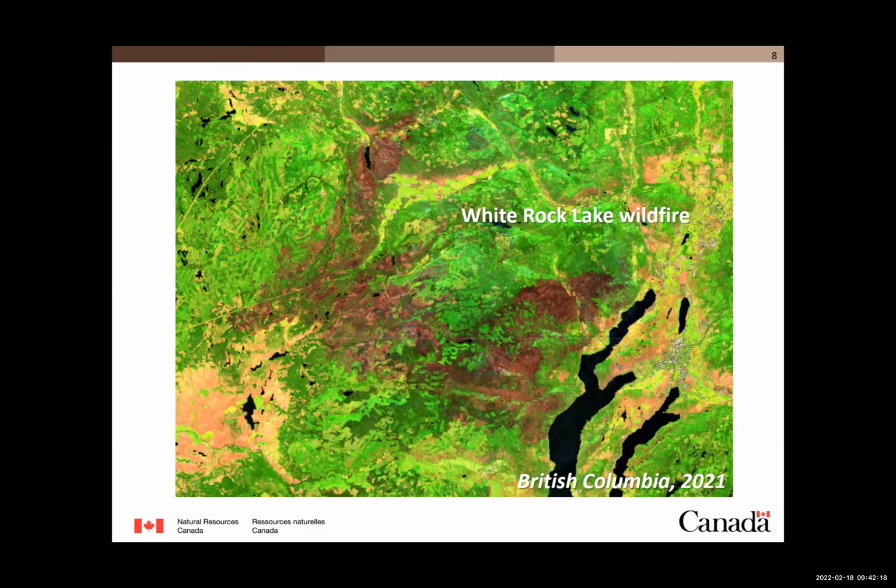What you don't see on this image is all the smoke that was produced from these fires. And that would have made this image look like just a complete wall of whiteness, and be very difficult to use for image mapping. So the images I'm showing here and the one before, these were collected in the fall after the smoke had finally cleared out. So these are the ideal images that you want to use for mapping.